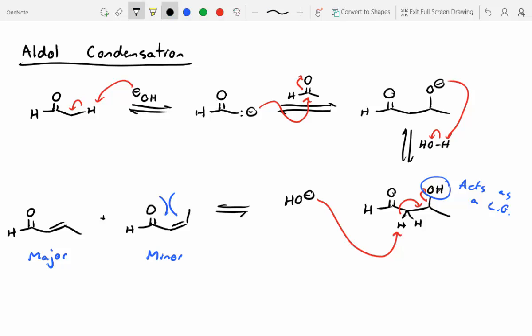Like I said, this is called an aldol condensation because essentially you're kicking off hydroxide, which will protonate and form water. This reaction is highly favorable under high temperature conditions. Why do you think it's favorable under high temps? What products are normally favored under high temperature conditions? Thermodynamic products.